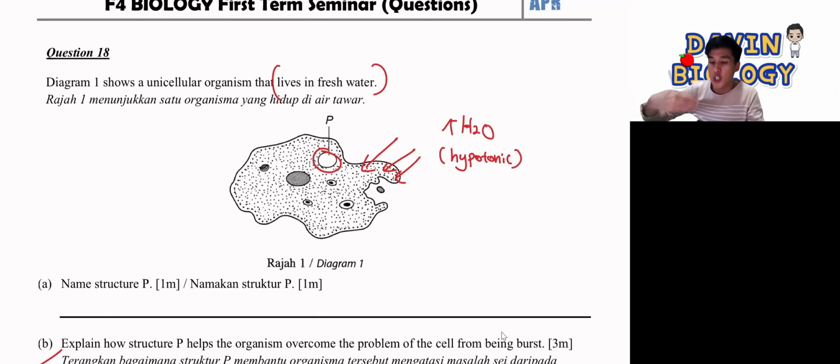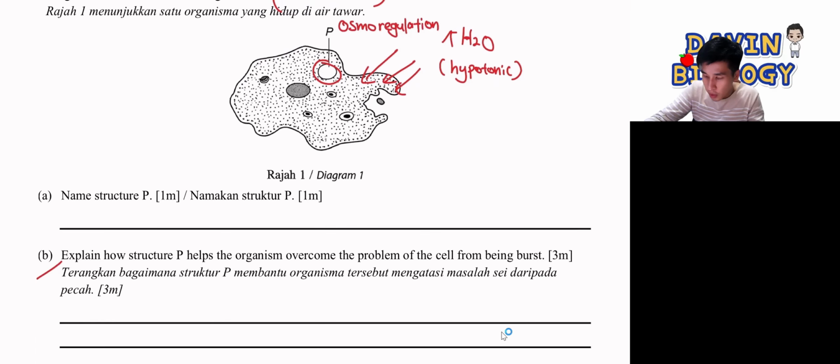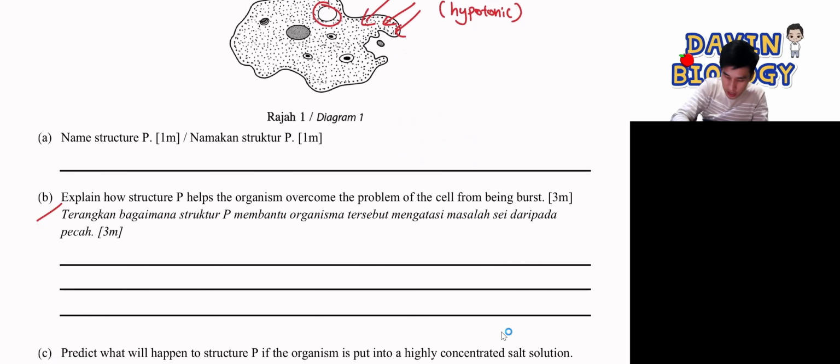Yeah, so someone mentioned osmoregulation. Osmoregulation is the function of the contractile vacuole. So they carry out something called osmoregulation. But for this question, if you write osmoregulation only, it's not enough marks. Osmoregulation is not the main thing here, but it's one of the points you must say.